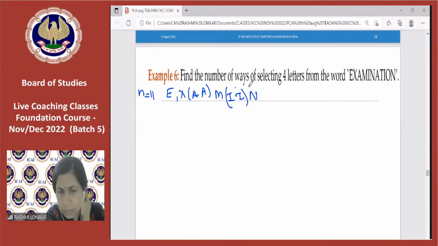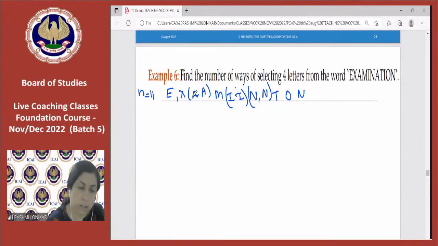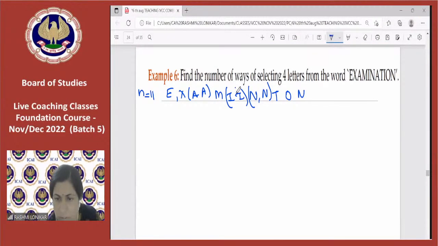Is N repeated? Yes, N, N. Is T repeated? No. I already did that. And is O repeated? No. So 1, 2, 3, 4, 5, 6, 7, 8, 9, 10, 11.